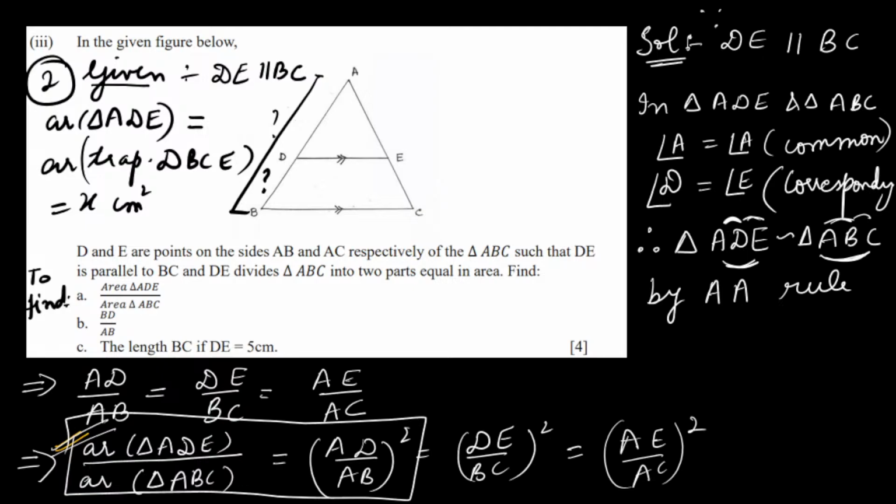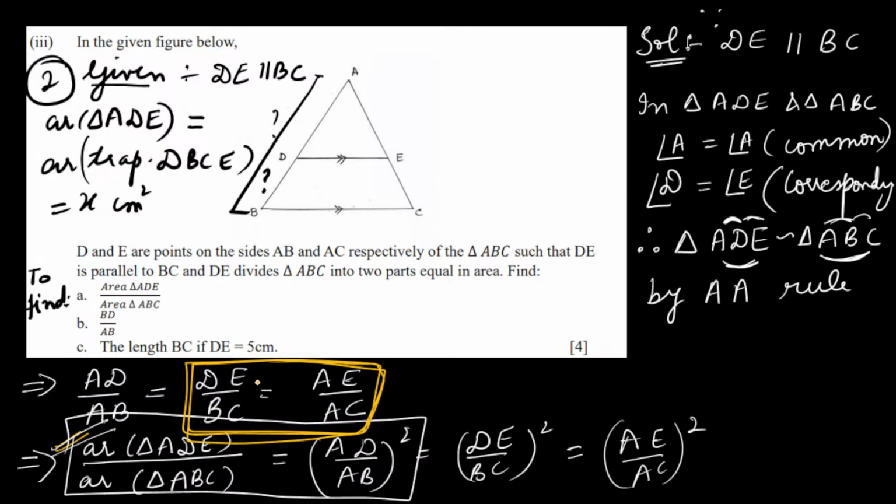Now lastly we have to find the length of BC when DE is given to us. So again we will make use of the ratio only. We have to find BC if DE is 5. That's why at the starting itself I wrote the ratio of the corresponding sides.